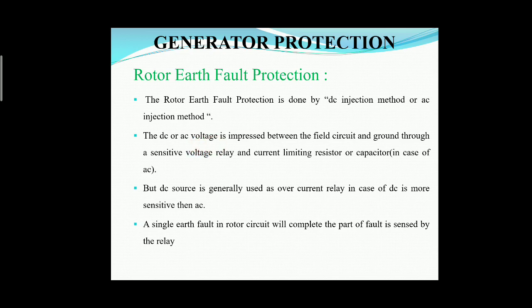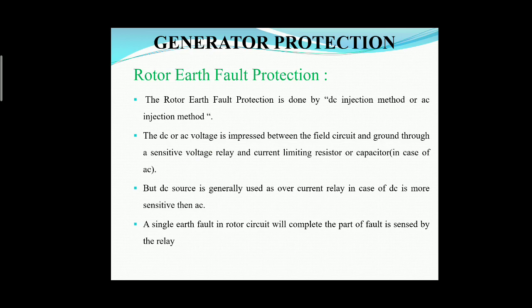The midpoint of the resistance is grounded through a sensitive relay. When a fault occurs, the relay detects the fault and sends a tripping command to the circuit breaker.